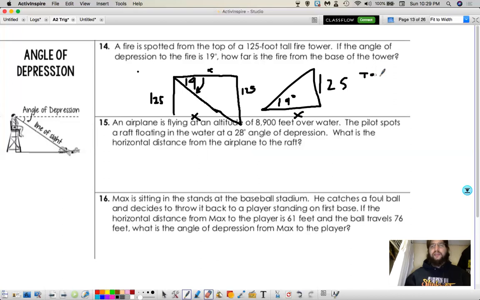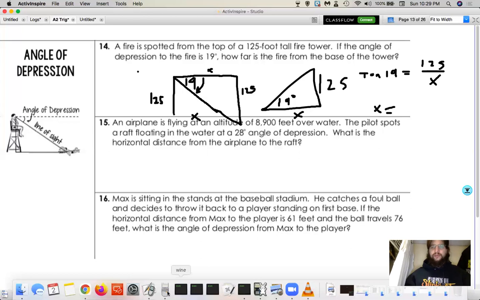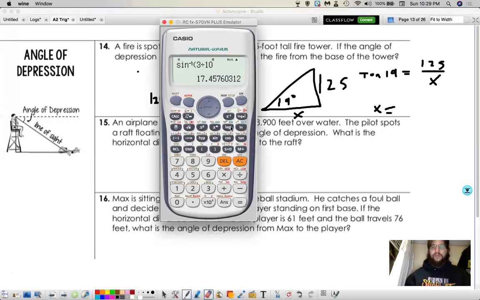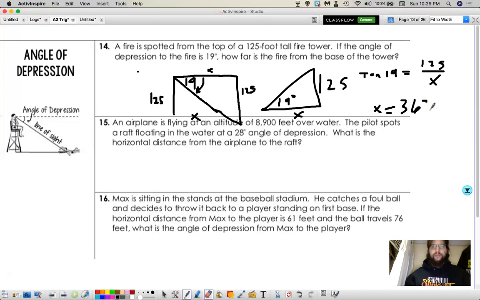Tan 19 is 125 over x. So x equals 125 over tangent of 19, which is 363.0, and that is in feet.